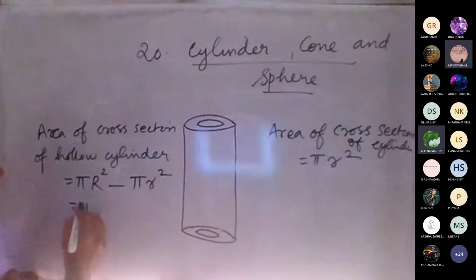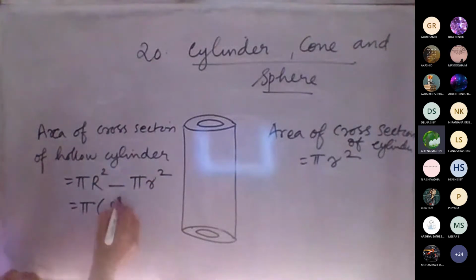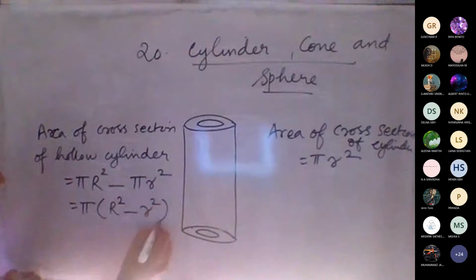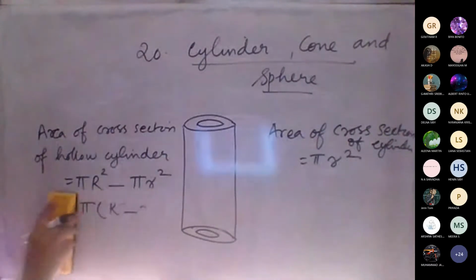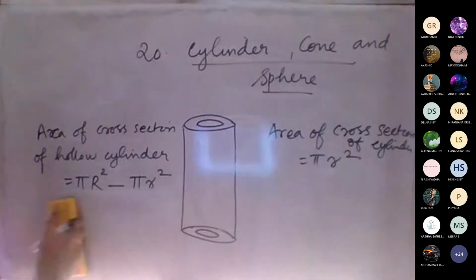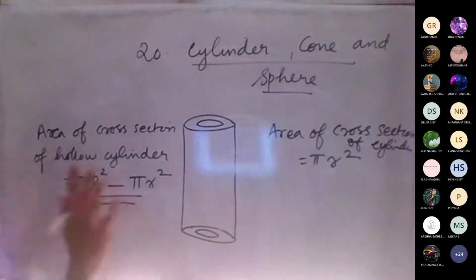We can take pi common, or write it as pi capital R square minus pi small r square. That is enough. While doing the calculation, you can do it afterwards.